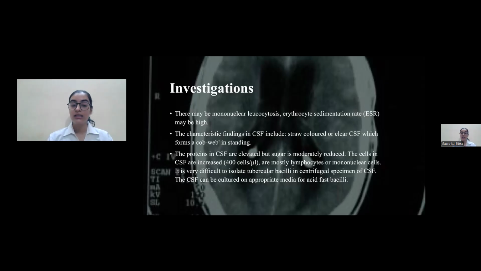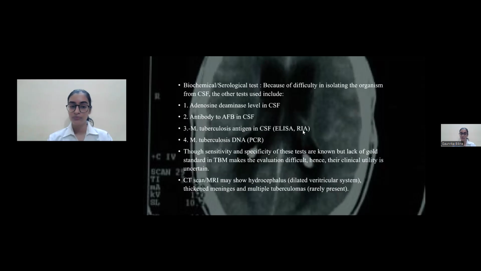The cells in the CSF are also increased, mostly leukocytes and mononuclear cells. It is very difficult to isolate tubercular bacilli in a centrifuged specimen of the CSF, so CSF can be cultured on appropriate media for acid-fast bacilli.